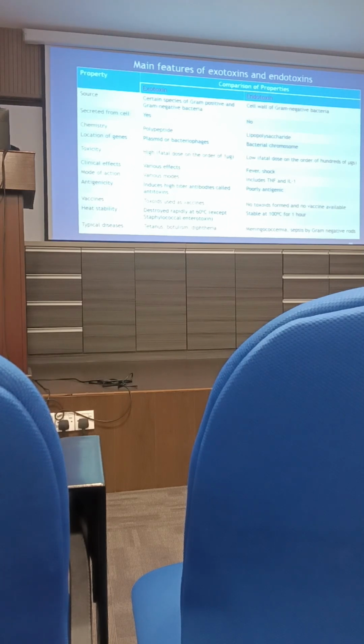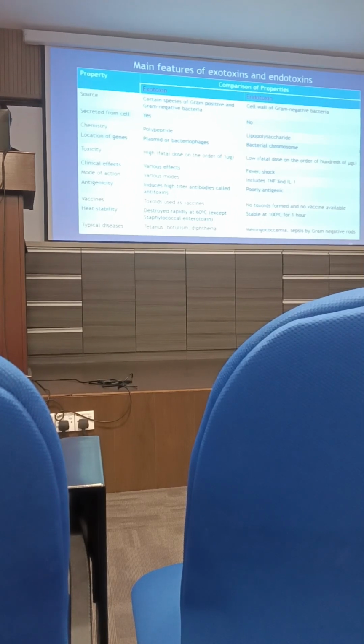Toxicity, exotoxin is highly toxic. Okay, a small amount is already fatal. Endotoxin toxic level is low, so you need hundreds of micrograms of it to be fatal lah. Okay, so endotoxin causes fever and septic shock, but exotoxin have various effects.